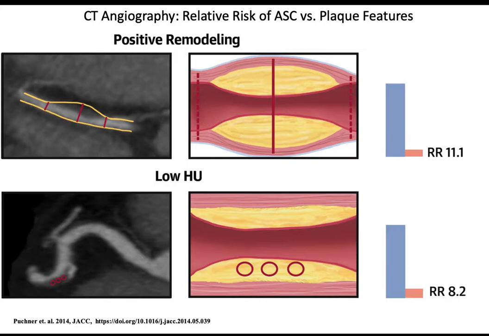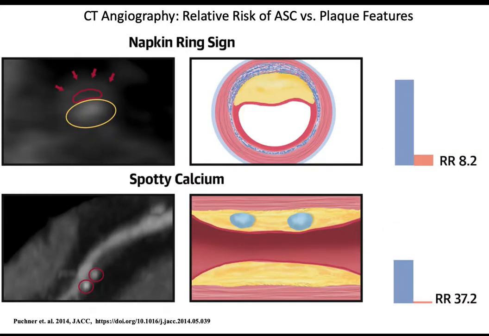You can see that these are decreasing, but the idea is that you're trying to get a phenotype for any one particular plaque. Again, you may see the napkin ring sign, where you have a huge bowl of lipid in one concentric area. The other one is spotty calcium, which is somewhat heterogeneous. That is associated with the worst finding.